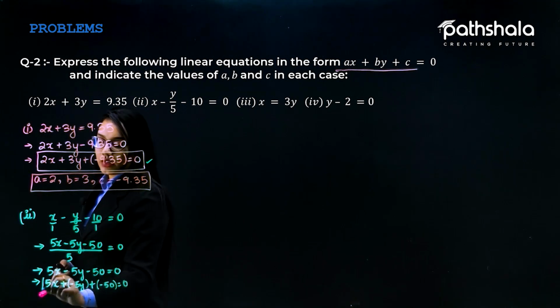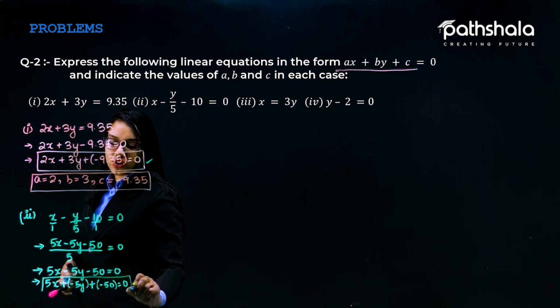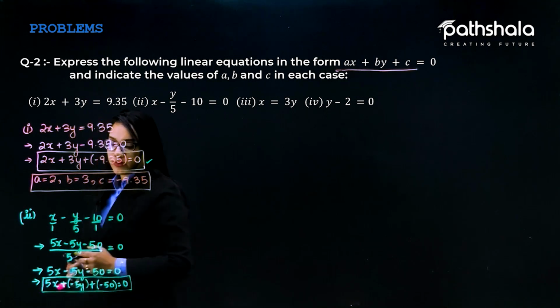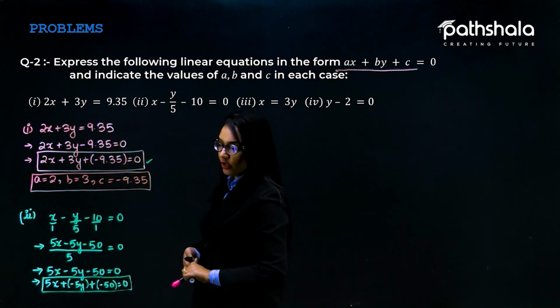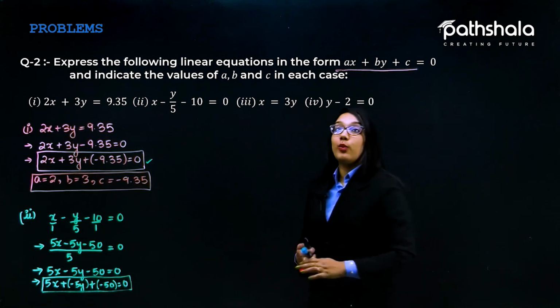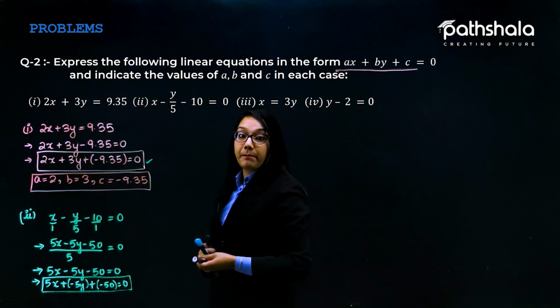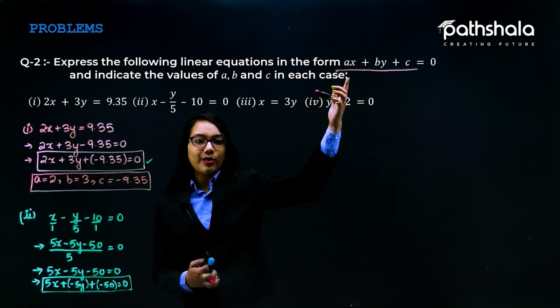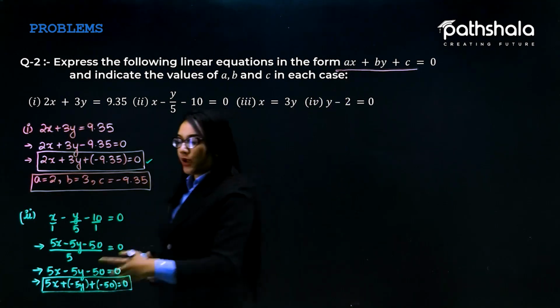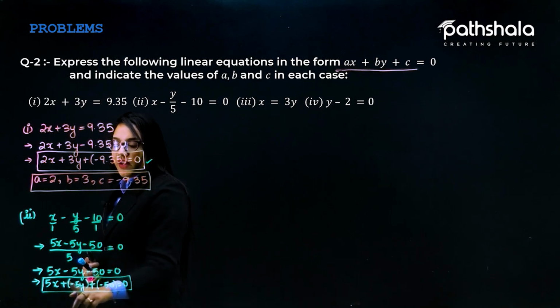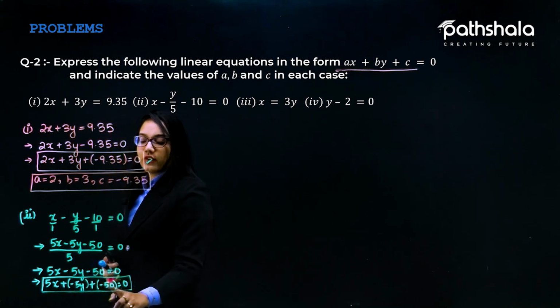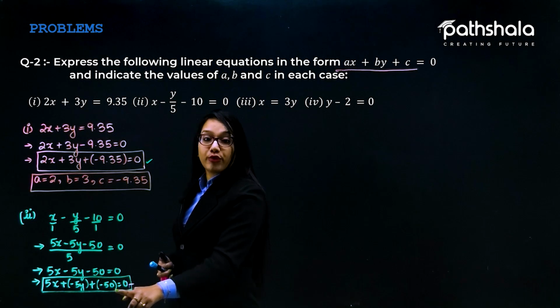This is the formation of this equation into ax plus by plus c is equal to 0. If we compare it with that equation, the value of a is 5, the value of b is minus 5, and the value of c is minus of 50.